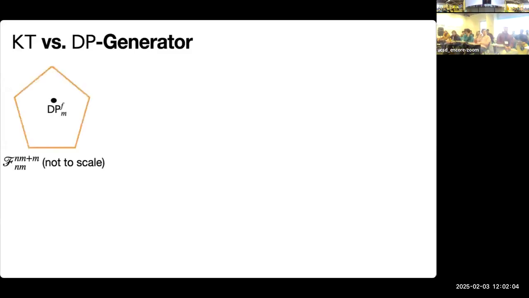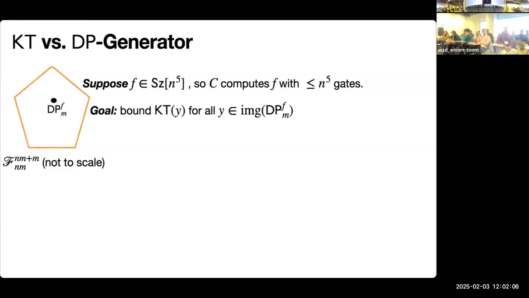So let's take a look at that direct product generator and see what we can do to it with the K big T meta-complexity problem, which again is a very beefy meta-complexity problem. First, let's suppose that this F that we have transformed into the DP generator has a quintic circuit. So there exists some circuit C that computes F with at most n to the 5 gates.